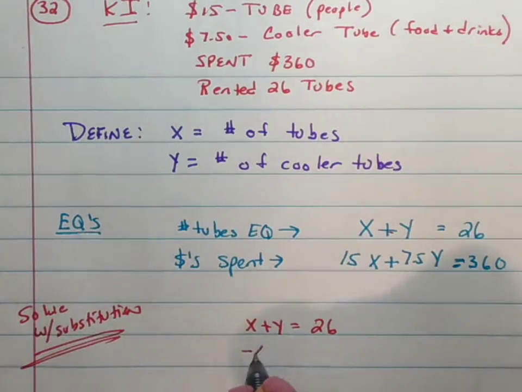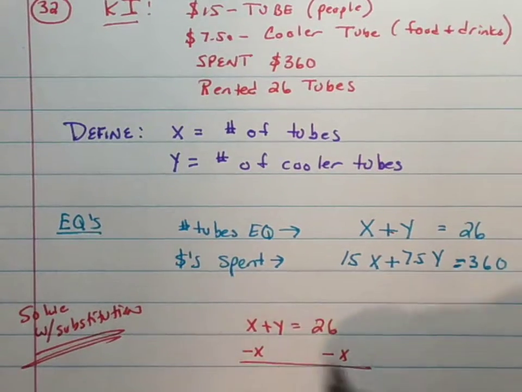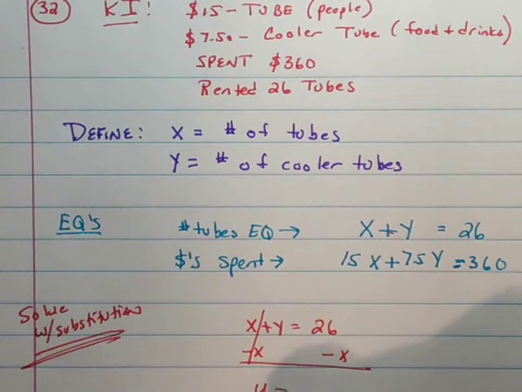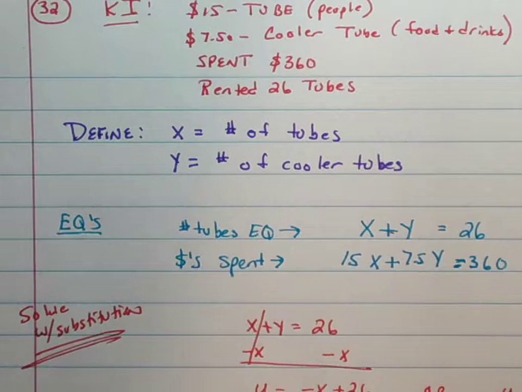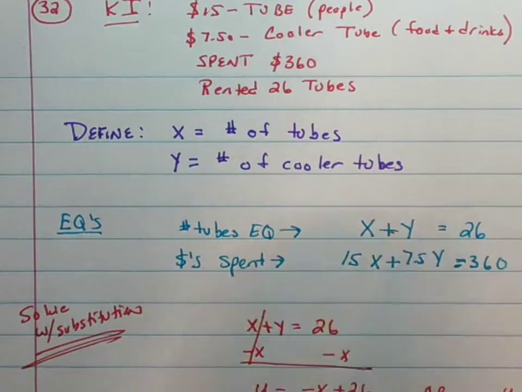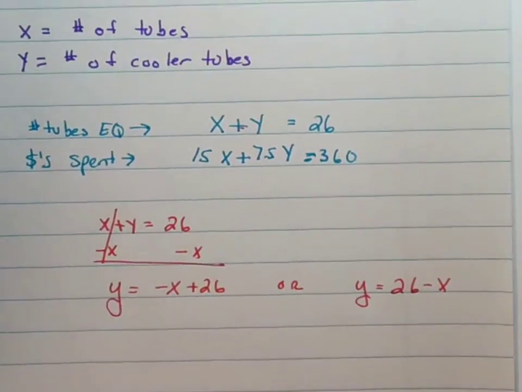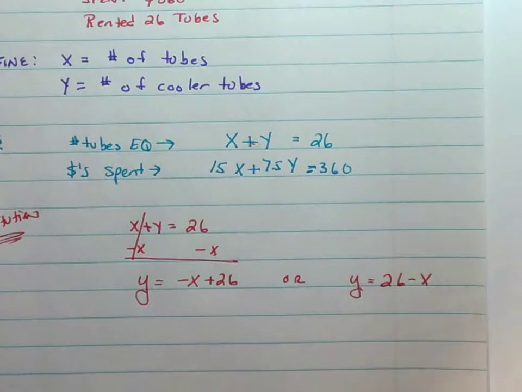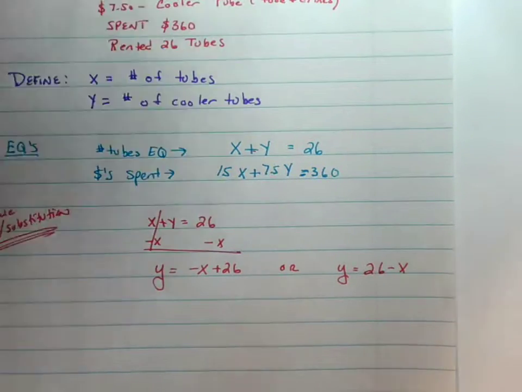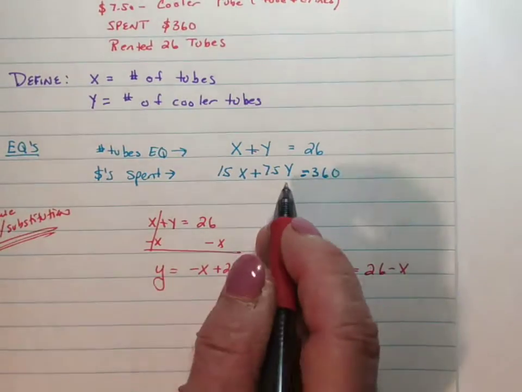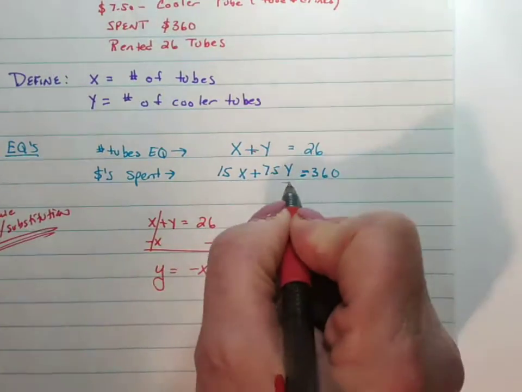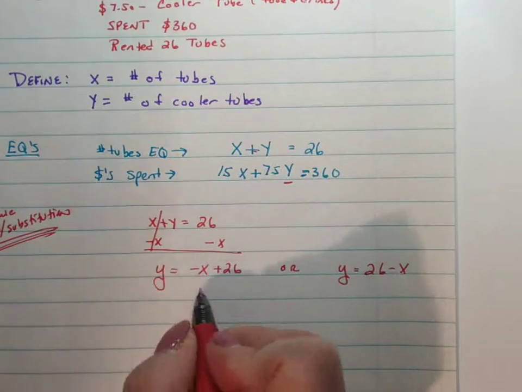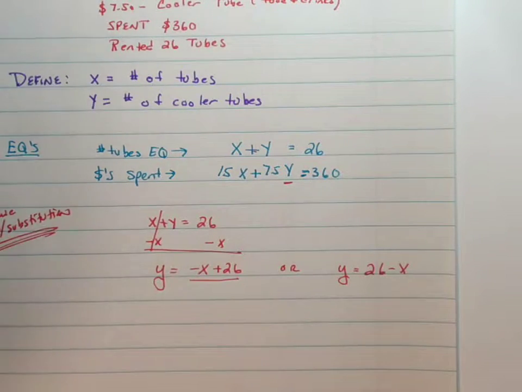So I'm going to subtract x from both sides, and I'm going to get y equals negative x plus 26. Or you could have said y equals 26 minus x. It doesn't matter which one. So now we're going to go to the other equation, and where we see the y, we're going to replace it with this negative x plus 26.